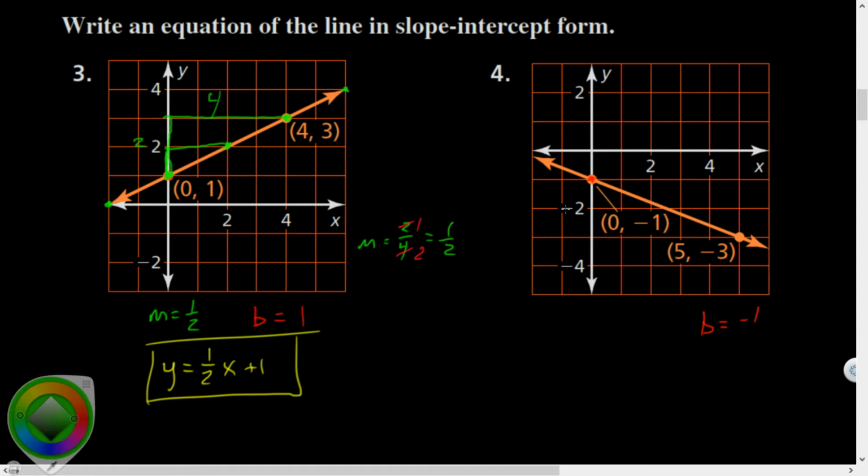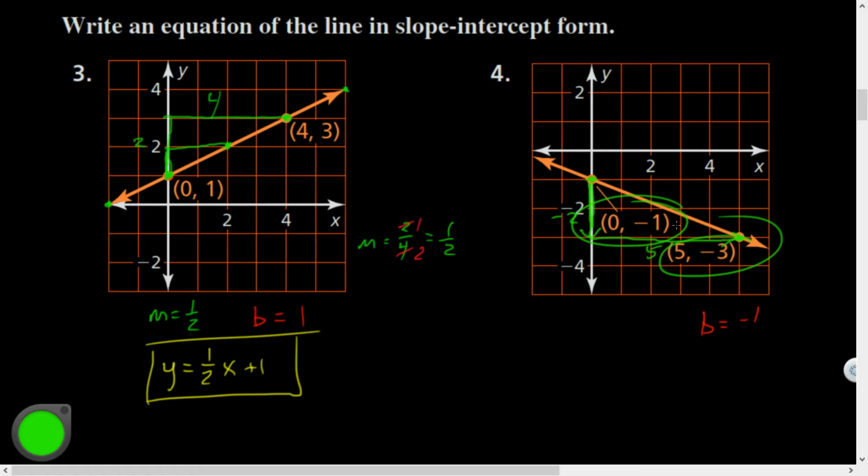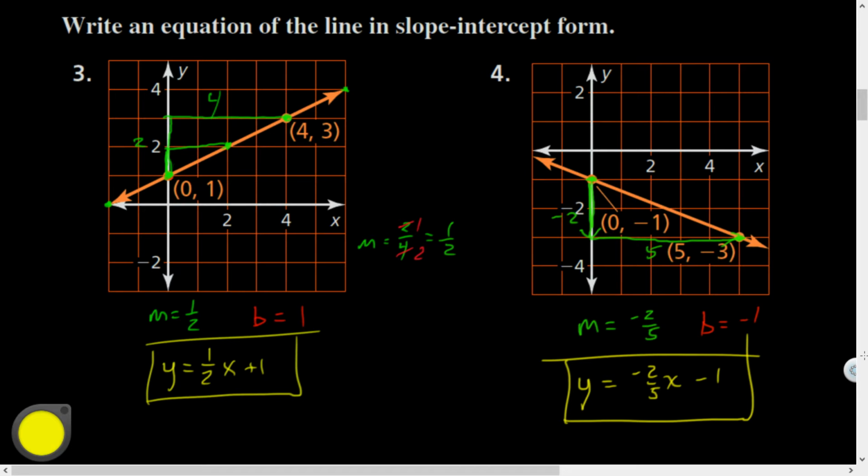To find the slope, as far as points that cross the grid, all right, Austin is saying down 2, it's a negative slope, and over 5. I like it. And I do want to point out that you could have used those coordinates with the slope formula and gotten the same thing. So m equals -2/5. I found the DNA. Let's accuse the culprit here. y equals -2/5 x minus 1 is the equation of that line.